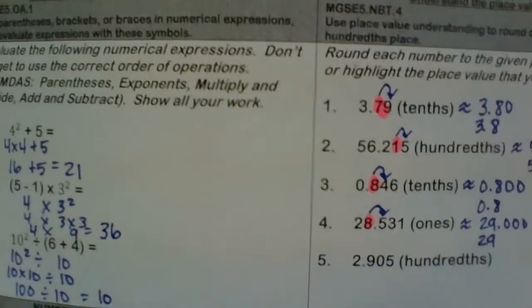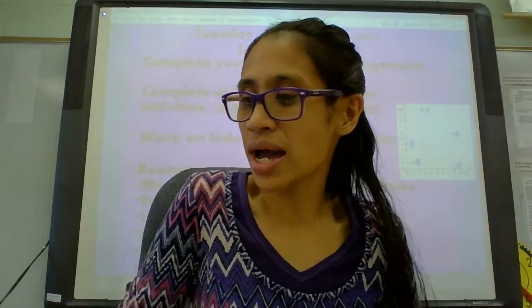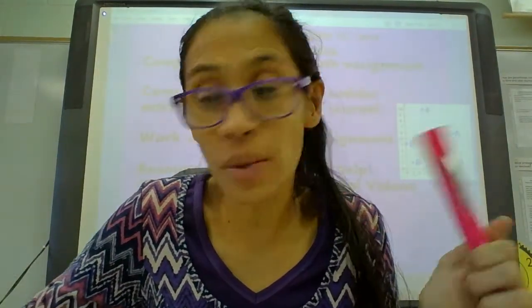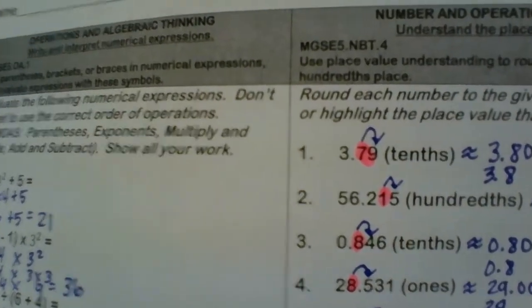That's 0. So highlight that 0. And look next door. What's up, number 5? I have a question for you, number 5. Are you less than 5 or are you 5 or more? I'm 5 or more because I'm a 5.